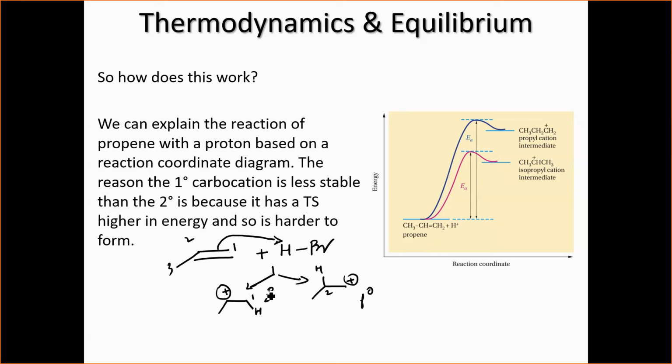Now think about what we studied earlier. We studied that a secondary carbocation is more stable than a primary carbocation. What is the reason? Why is a secondary carbocation more stable than a primary carbocation?